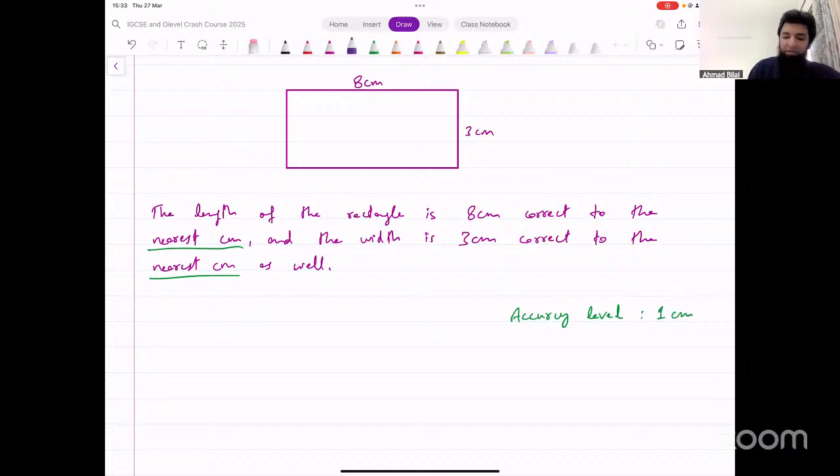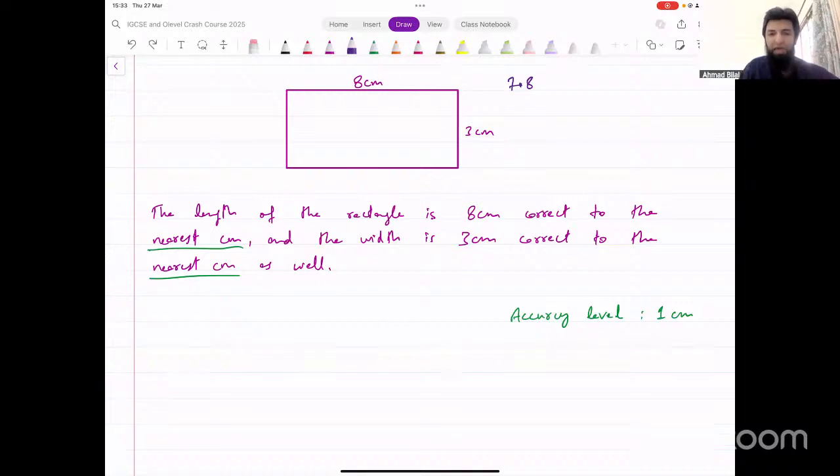That means we know for sure that if we round off the actual length, it turns out to be 8 centimeters and not 7 and not 9. For example, if the actual length was 7.8, that rounds off to 8 centimeters, right?